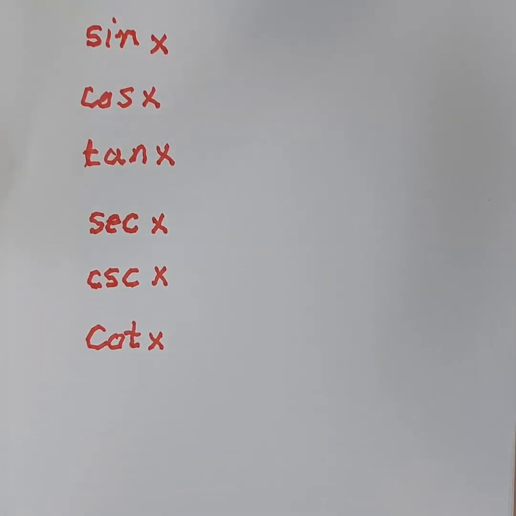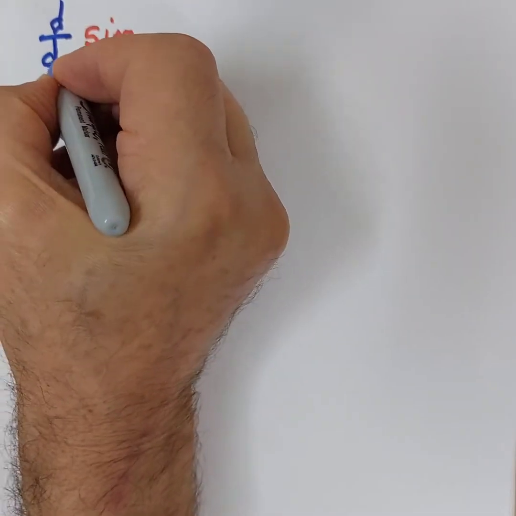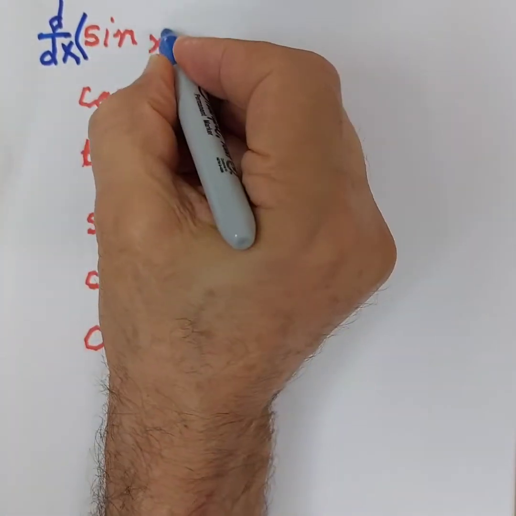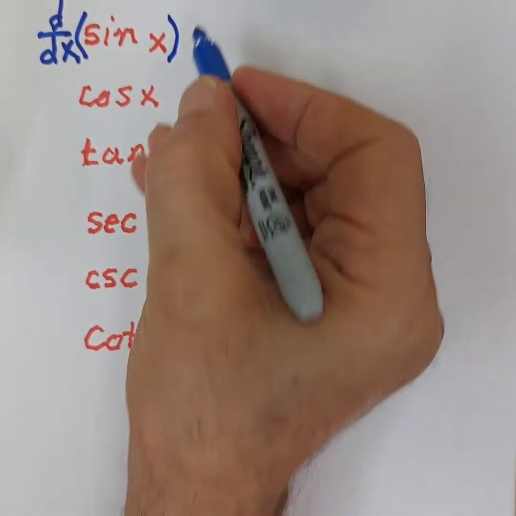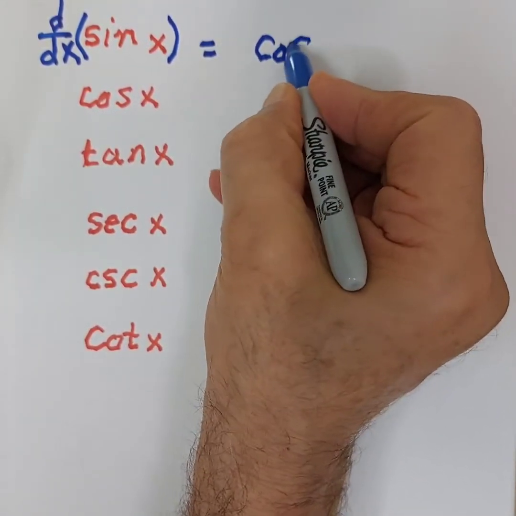The derivatives, first the derivative for sine x. If we write d by dx of sine x, that means the derivative of sine x. It is simple to say it's cosine x.